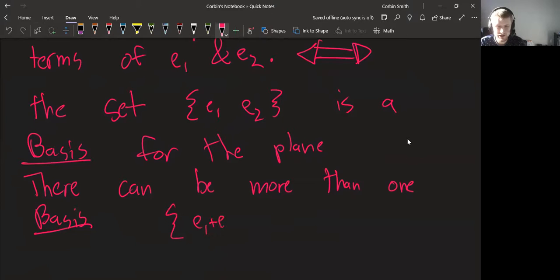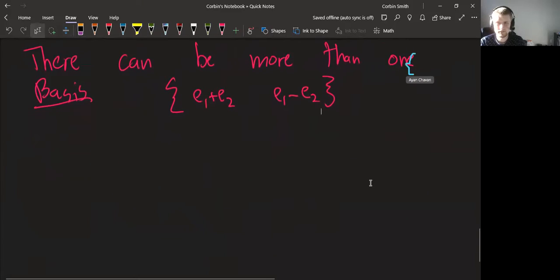E1 plus E2 and E1 minus E2. Better idea. What about E1 and E1 minus E2? Is that a valid basis? That is a basis.